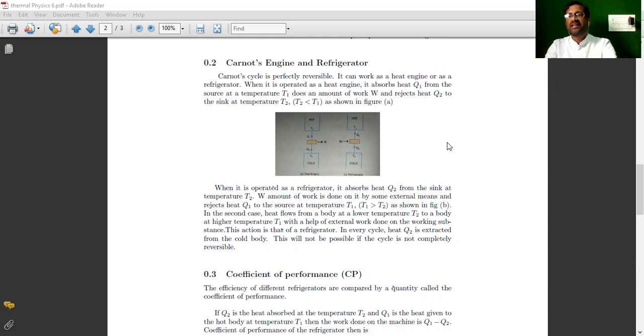This action is found in the refrigerator. In every reverse operation cycle, heat Q2 is extracted from the cold body. This will not be possible if the cycle is not completely reversible.